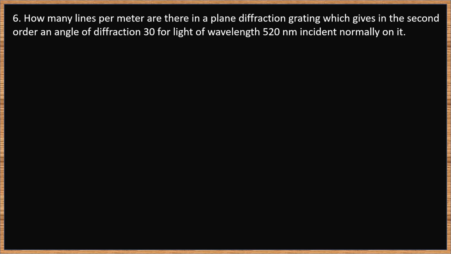The question is, how many lines per meter are there in a plane diffraction grating which gives in the second order an angle of diffraction 30 degree for light of wavelength 520 nanometer incident normally on it. That is a very simple problem actually. We can directly substitute the values.